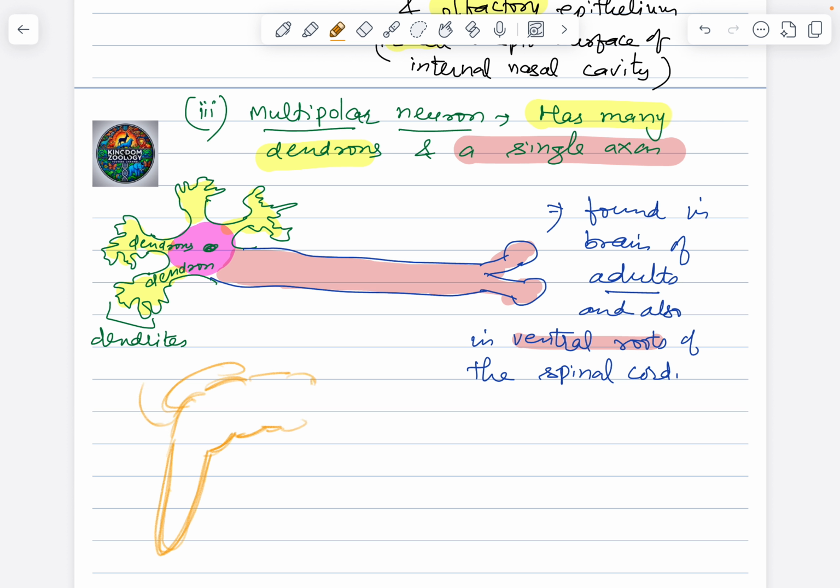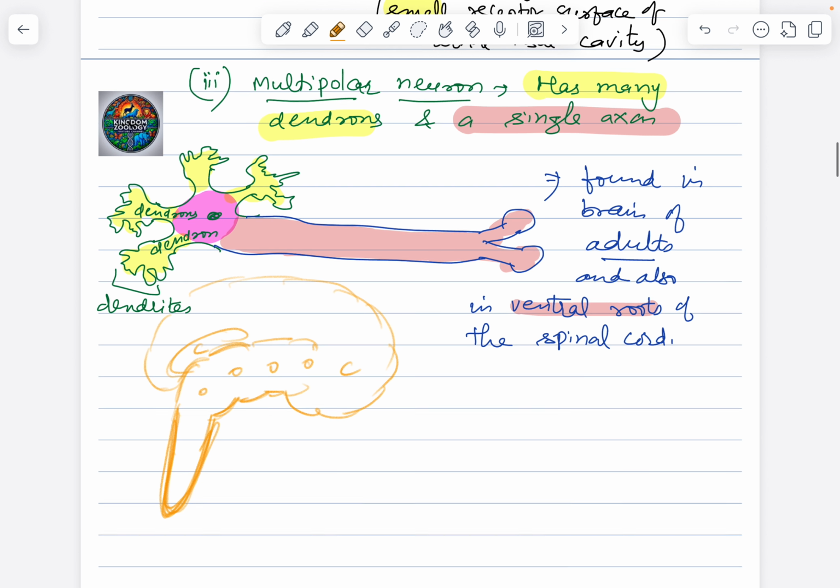These are the different portions of our brain, which we'll be mentioning later on as the medulla oblongata, pons varolii, midbrain, diencephalon, cerebrum, and cerebellum. And here is your spinal cord.